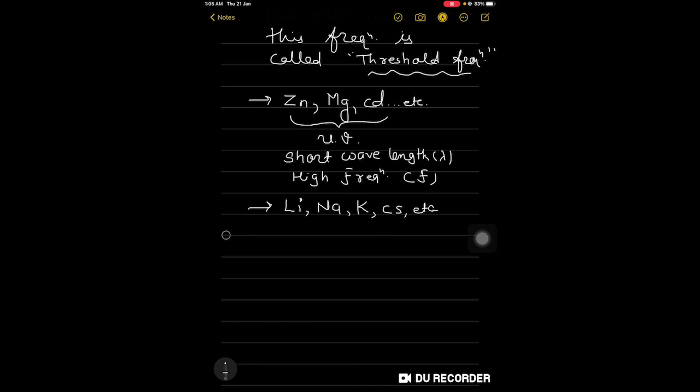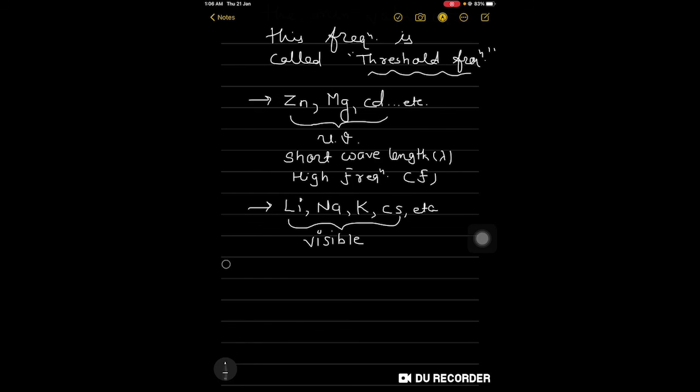So these materials will give emission even in visible light also. So all these photosensitive substances emit electrons when they are illuminated by light.